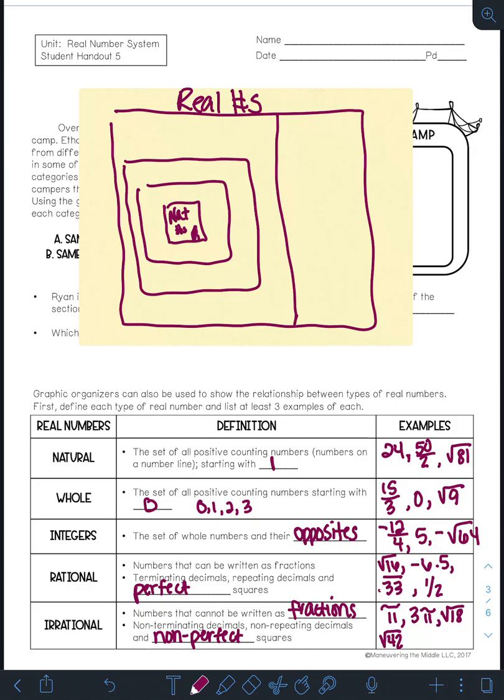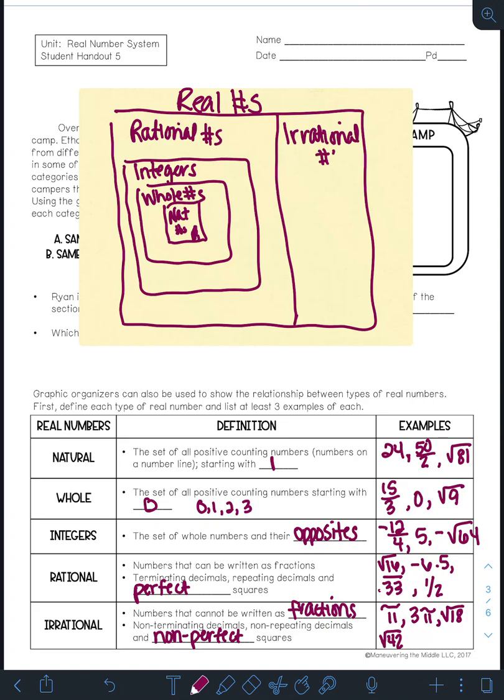And then you have your whole numbers. And then you have your integers. And then you have your rational numbers. And on this other side over here, that is still part of the real number set, but it's not part of this rational number box, is your irrational numbers.